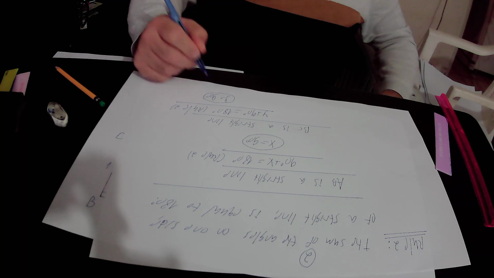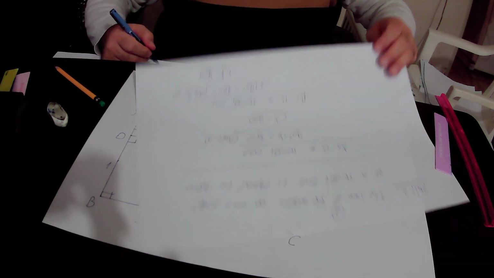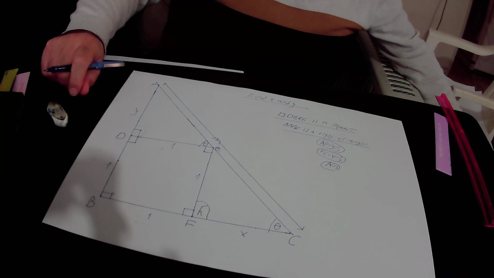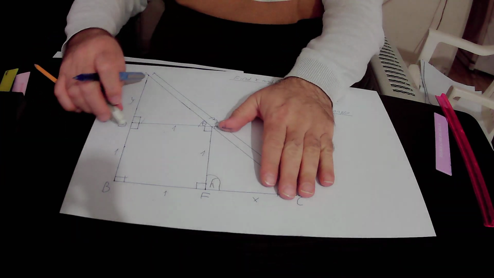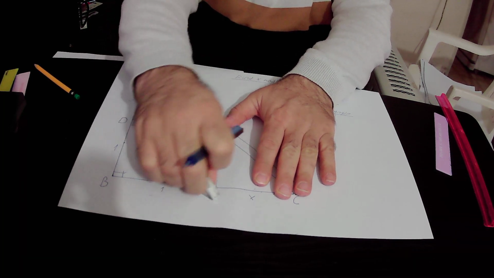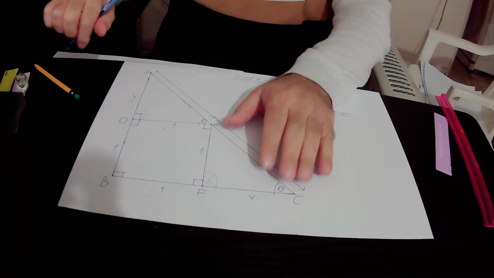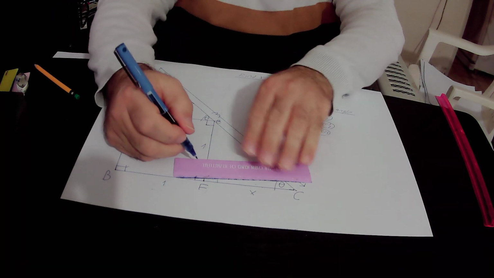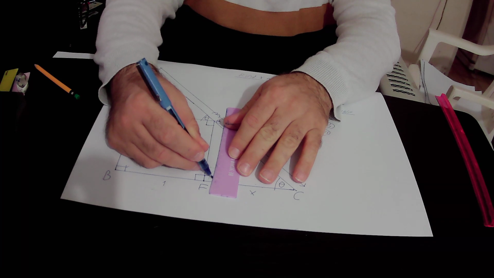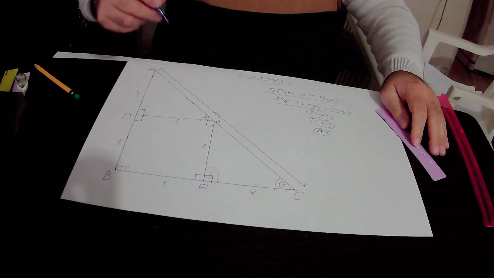So angle Y equals 90 degrees. So we can substitute angle Y by a right angle. Therefore, triangle EFC is also a right triangle.